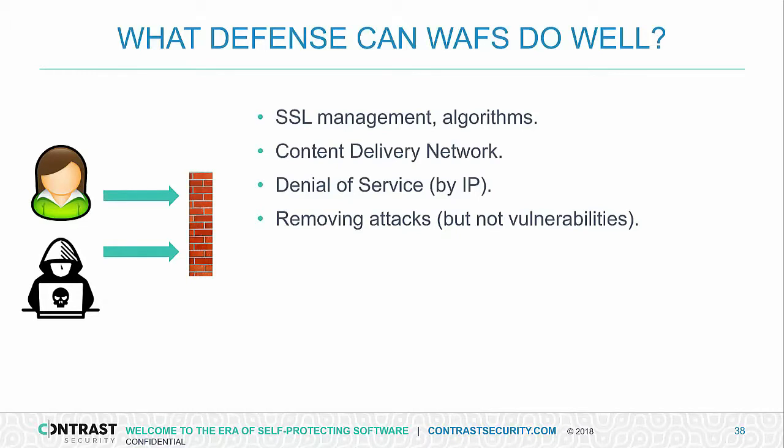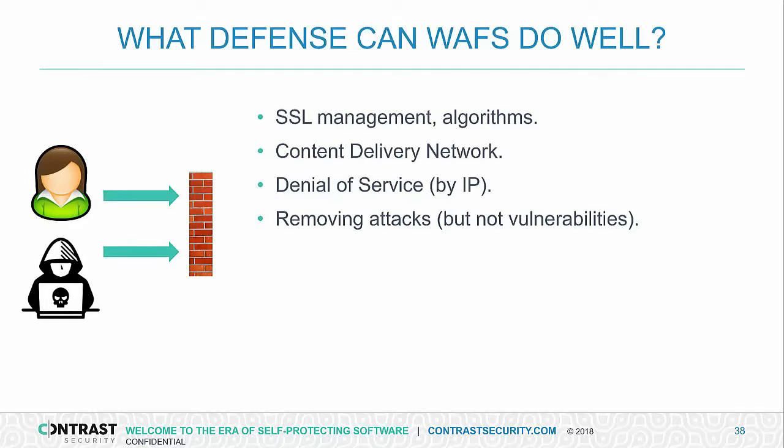So if there's something like a denial of service that's coming in and can be recognized by IP, that's a good capability to give to CloudFront or any WAF that's sitting in your on-premise data center that can look at that IP-based information and take the load off of the application server that actually runs the application. And they can also remove possible attacks.